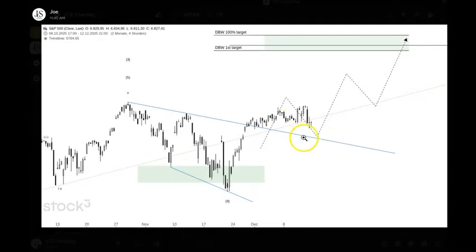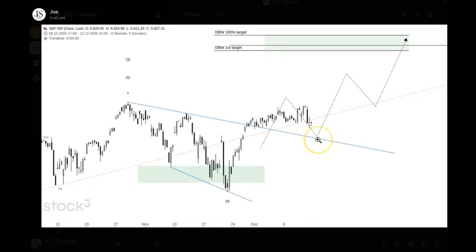Guys, whenever we see that backtest of that trend line here, and if that holds around 6,700, this is actually a buying opportunity. That would be a 200-point consolidation of that high to run finally higher.